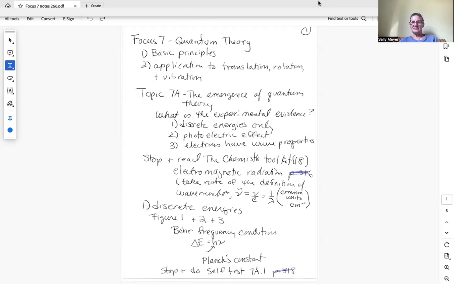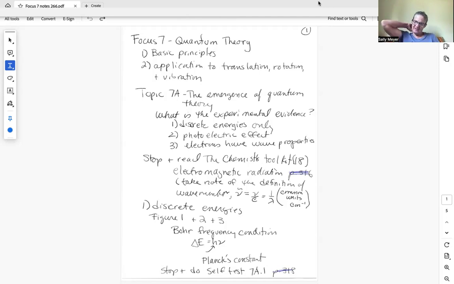Before this time, when you could actually see the discrete energies or the wave properties of electrons, we didn't have an understanding that electrons weren't acting like big particles, like baseballs and other things that we knew just followed classical mechanics. So I want you to stop and read the Chemist's Toolkit, number 18.